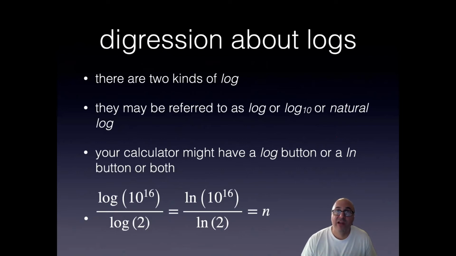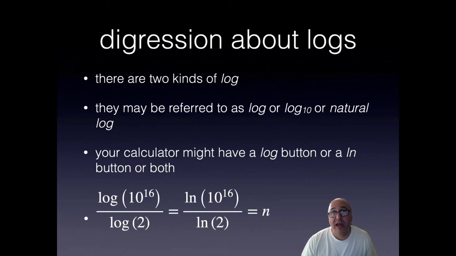You don't have to understand what log does. You don't have to understand what log base 10 or natural log are. All you have to know is that there are various kinds of logs, and your calculator will have a button on it that either says log or it says ln. If it says ln, that's natural log. Or it might have both. It might have several log buttons.